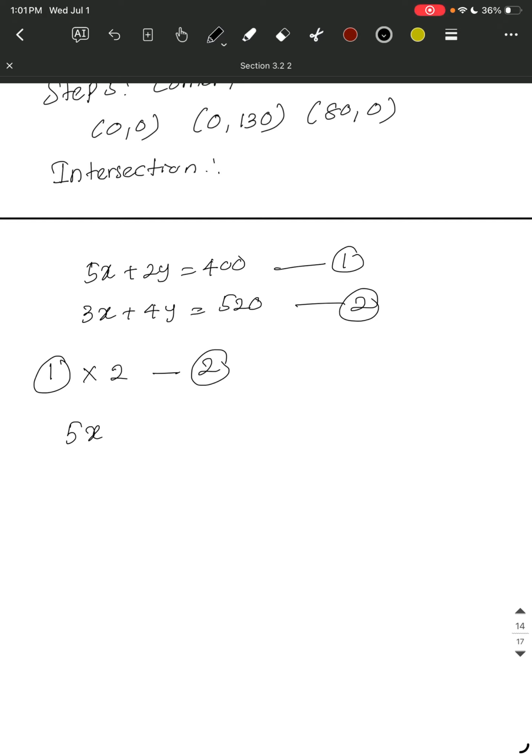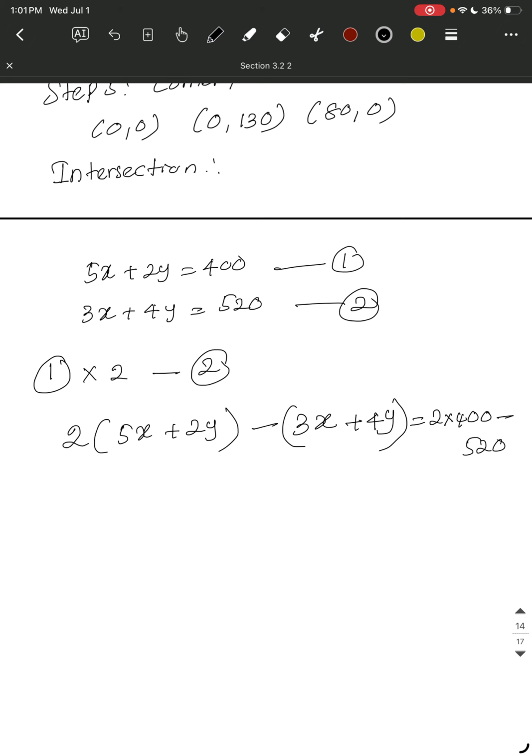Multiplying each term by 2: 10x plus 4y equals 800, minus 3x plus 4y equals 520.